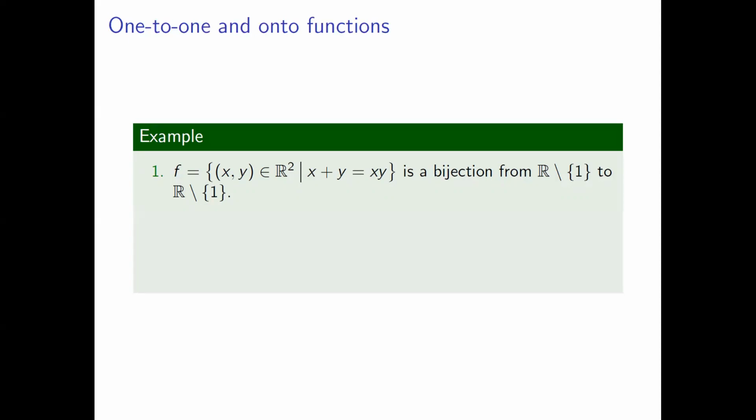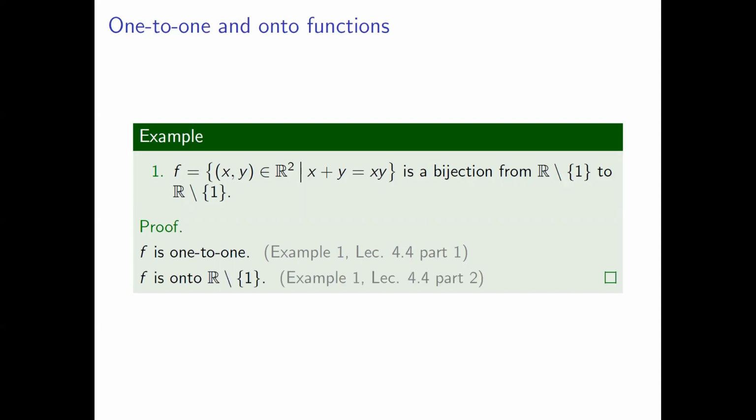This follows immediately from two previous results, namely, example 1 in lecture 4.4 part 1, which showed that f is one-to-one, and example 1 in lecture 4.4 part 2, which showed that f is onto the set of real numbers not equal to 1.